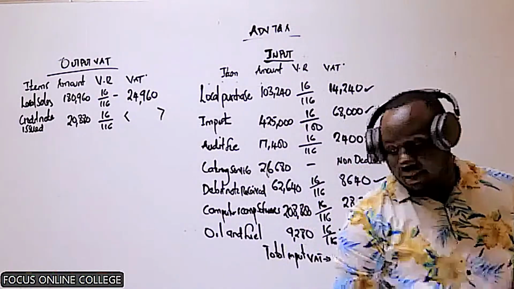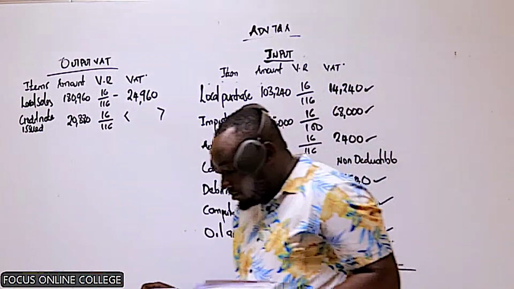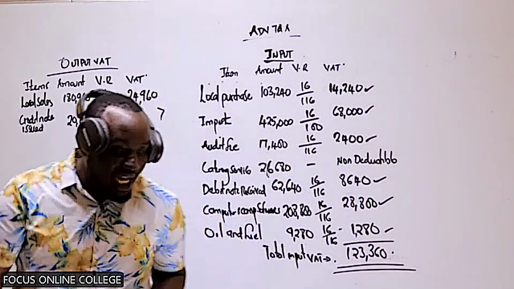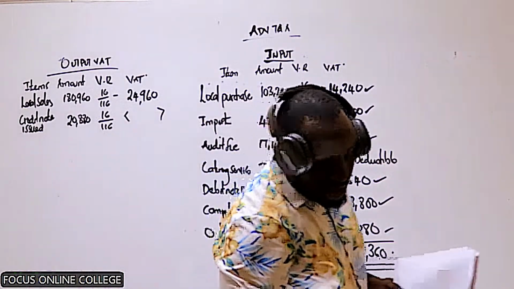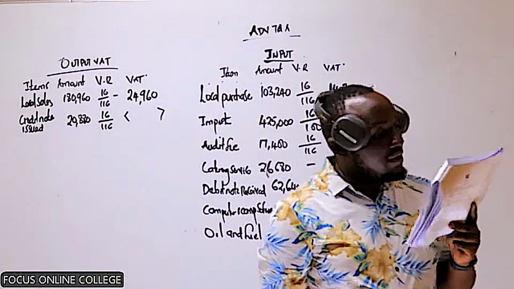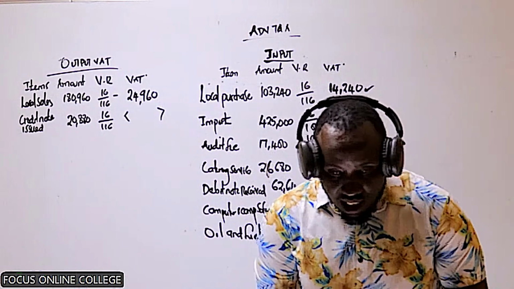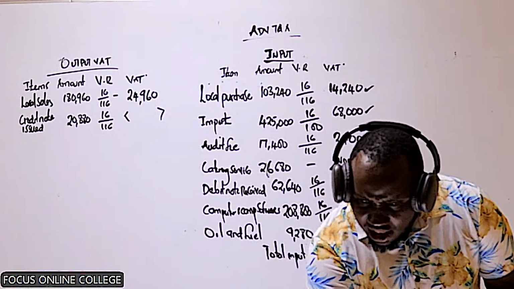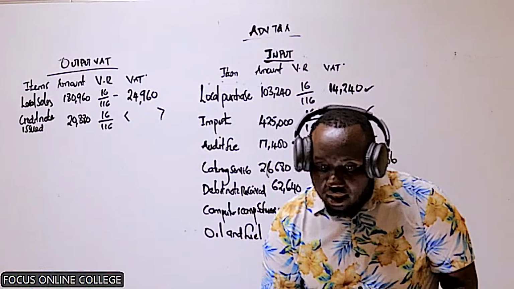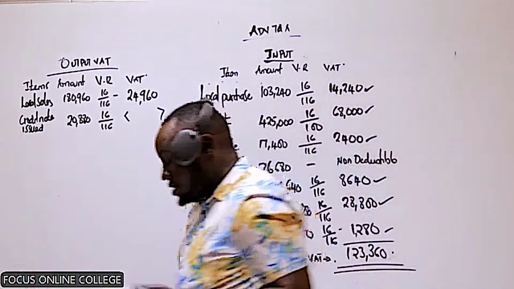What is the figure that we are lessing? Provide the figure that you're lessing. 2880. Is it right? Which one is right? That should be 2880.